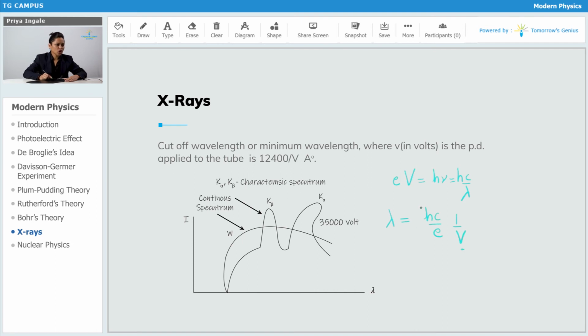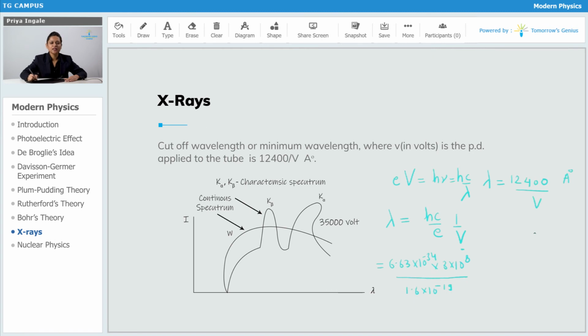So when I put all the values here, for h I put 6.63 into 10 to the power minus 34, for c I put 3 into 10 to the power 8, and for e I put 1.6 into 10 to the power minus 19, right? All of these values give me the minimum or cutoff wavelength as 12400 angstrom, but per volt, right?